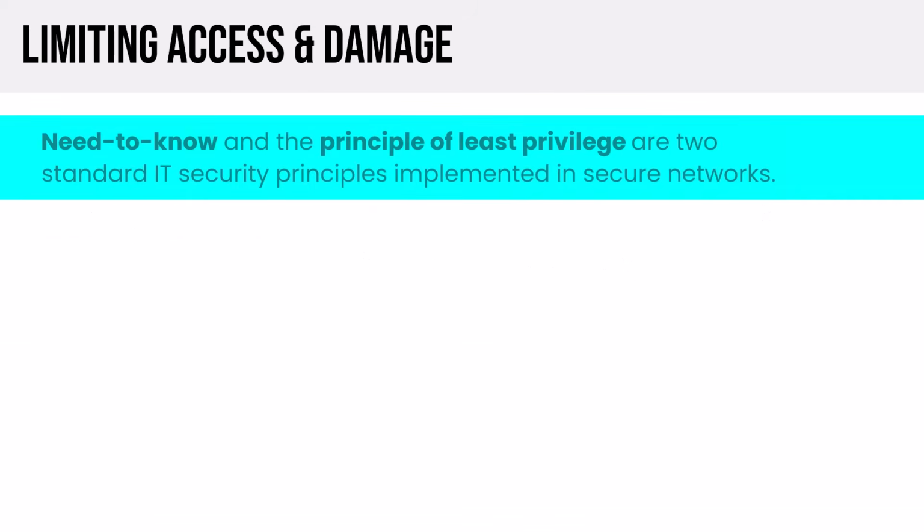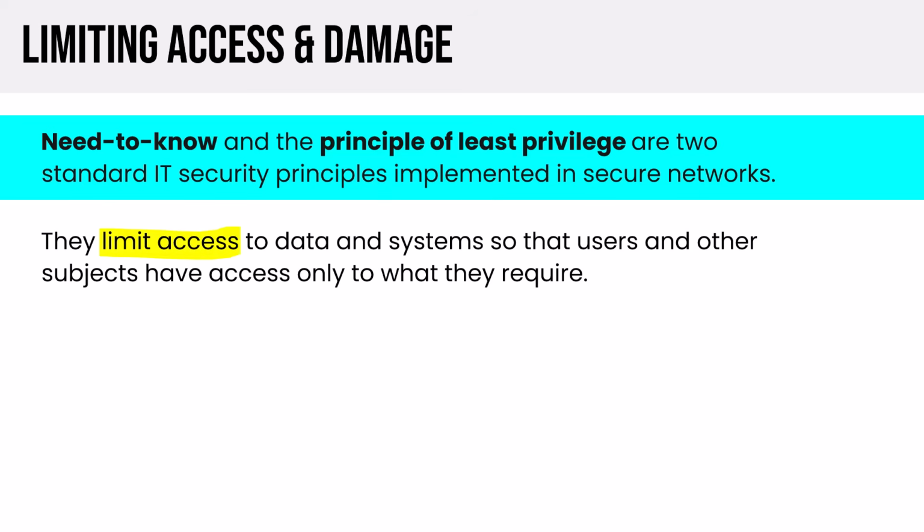So let's talk about how we limit access and damage. Need to know and the principle of least privilege I mentioned are two standard security principles that are implemented in secure networks. And they limit access to data and systems so that users and other subjects have access to only what they require. That's going to help prevent security incidents.